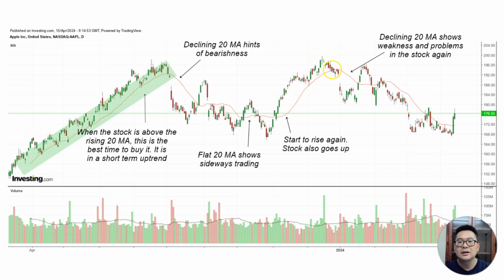And of course, at this point the MA declines, and it shows weakness and problems in the stock again, and look how the stock declines. So this 20 MA can be a filter for you for when to buy stock and when not to buy stock. And the best times are when the 20 MA is rising. Later in this lesson, you'll learn why.